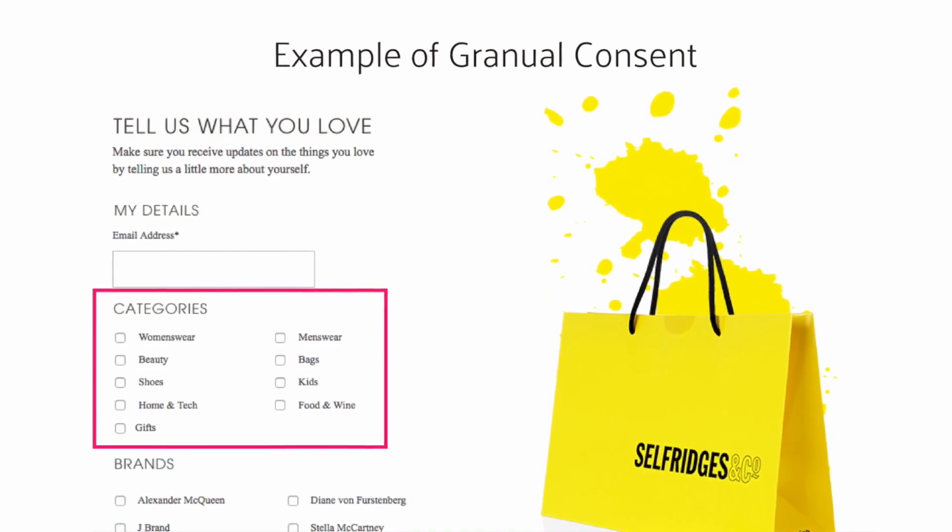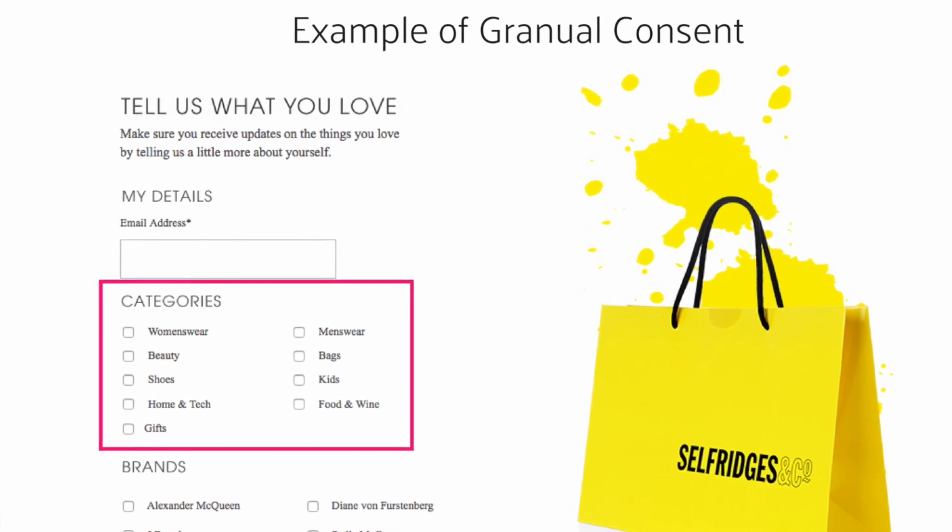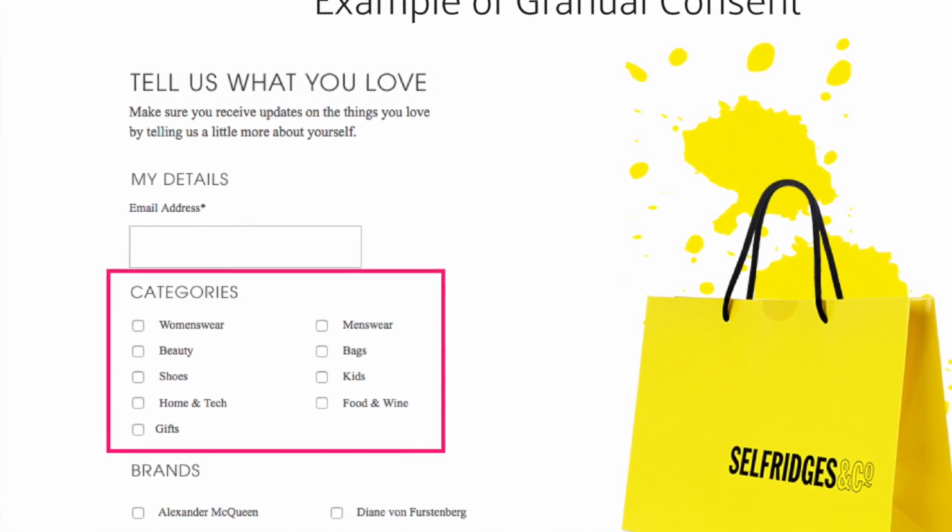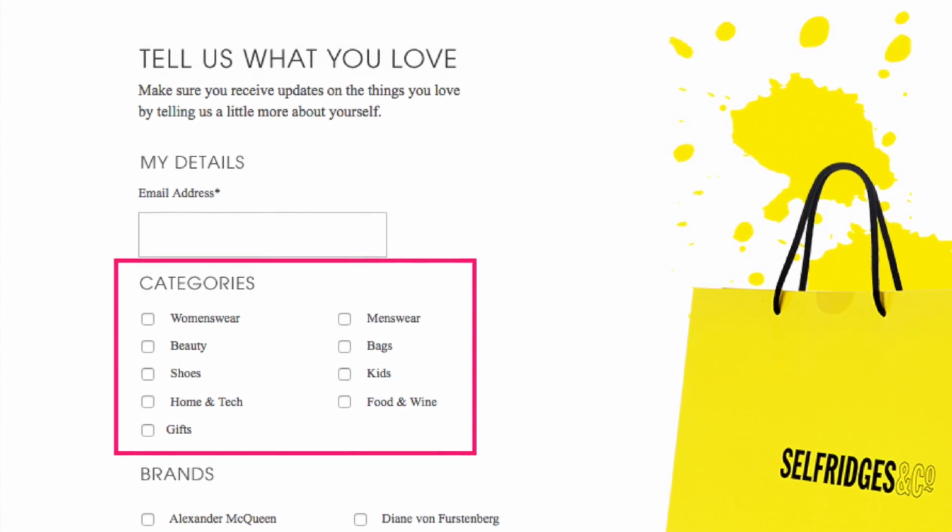This particular sign-up form from Selfridges is a perfect example of how to collect granular consent from subscribers. So if you have added granular options to your sign-up forms, you'll need to send a repermission email campaign to all your current subscribers, since you need to give them the same choices as you'll be giving your future subscribers.